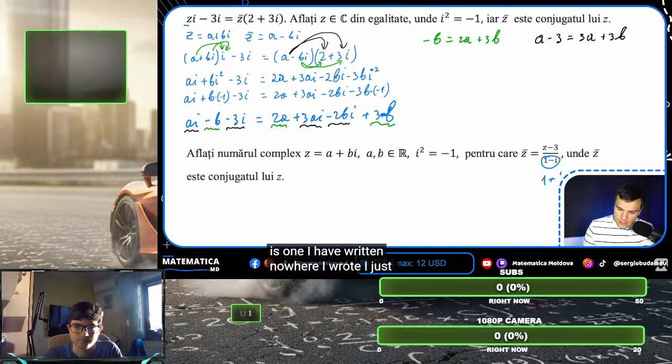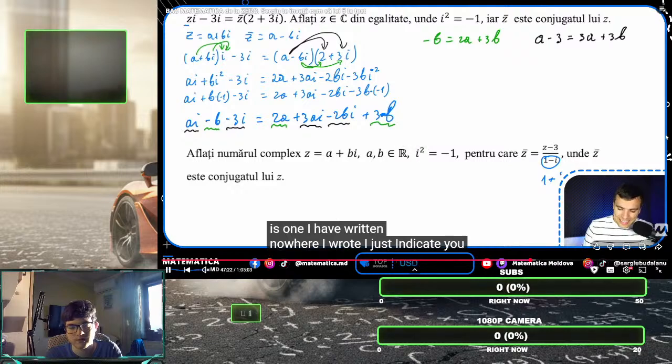Well, from the black part, we can denote A with something. Like we can say that A is equal with 3a plus 3b plus 3, and then plug that into the green part by substituting a, and then we're gonna have b, but I don't know exactly if it's done like that.